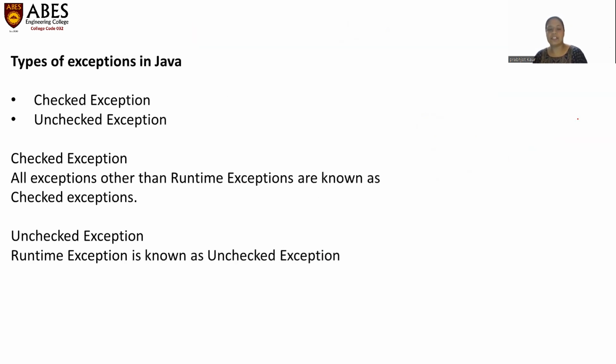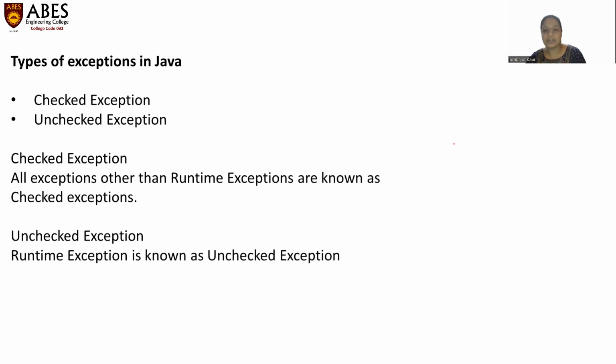Now, in Java, basically there are two types of exception. One is checked exception and second is unchecked exception. All the exceptions other than runtime exceptions are known as checked exceptions. Basically, in checked exceptions, the compiler plays an important role. The compiler will check the complete program written by a programmer to see whether there is a method that can handle the exception or not.